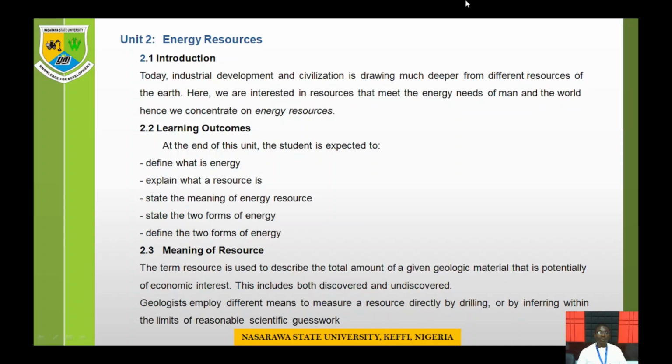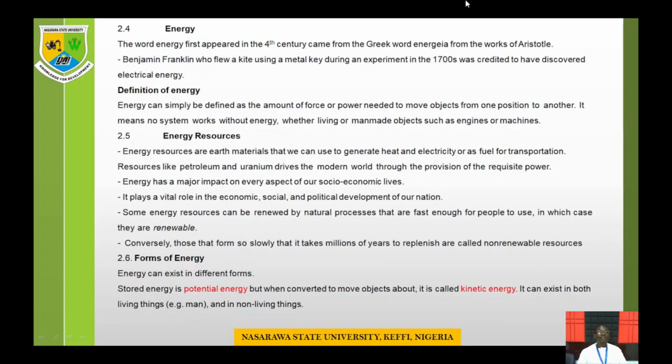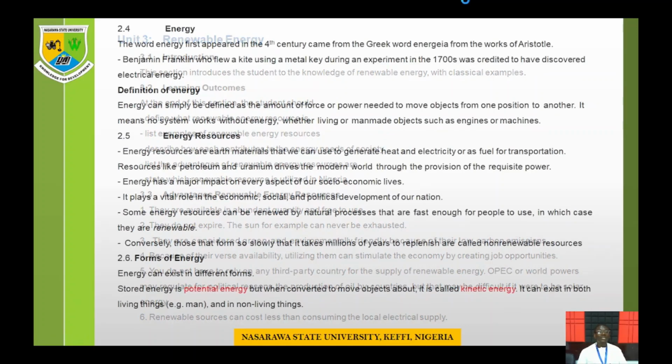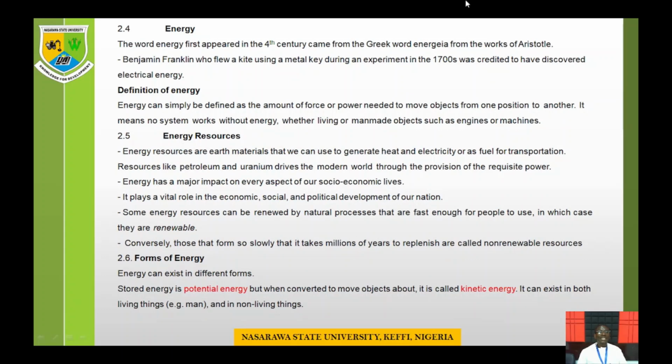So those are the 2 basic differences between a resource and a reserve. The reserve is measured, estimated, while resource is the totality of it. Therefore, energy resources, as we said, is the totality of geologic material that can be used for economic development, for transportation, and other forms of socio-political life of man.